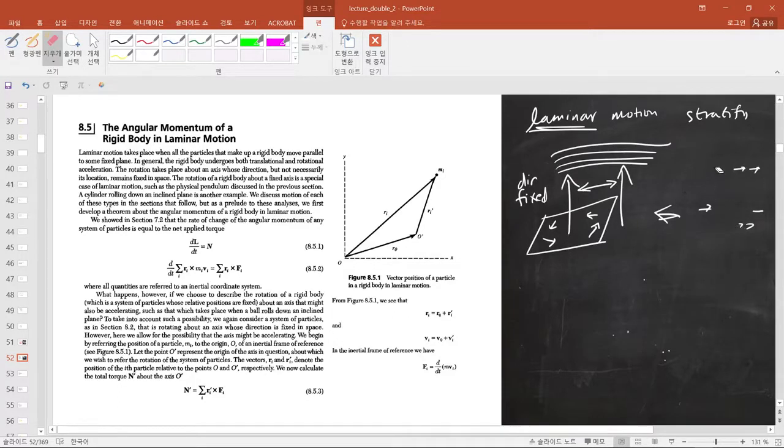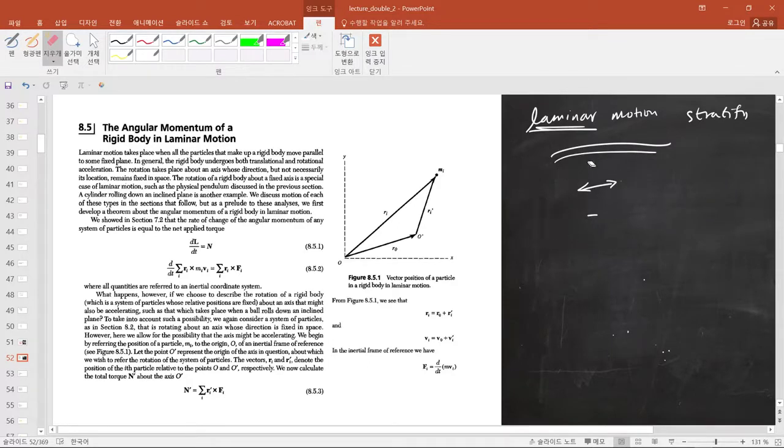And here, the issue is that if you consider a laminar motion about this point, okay, so suppose that the O point is an inertial frame here, dL over dt is given by N. Okay, so that is the standard torque equation.